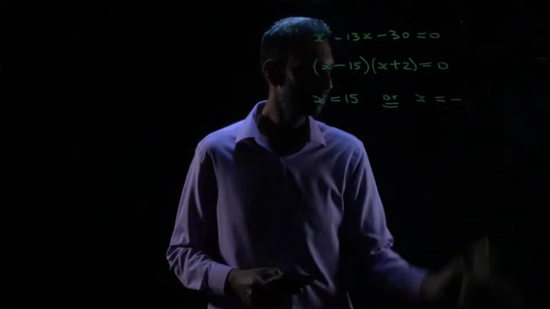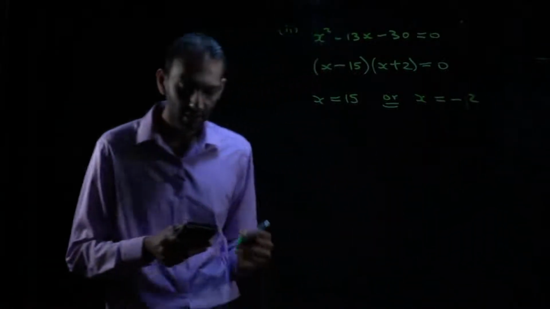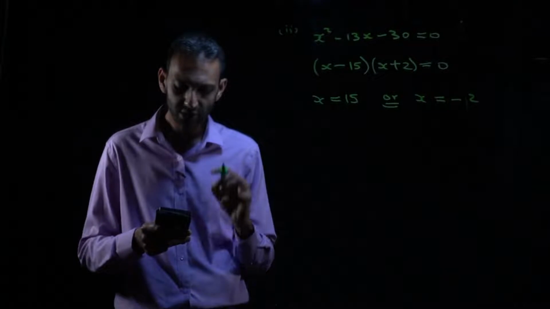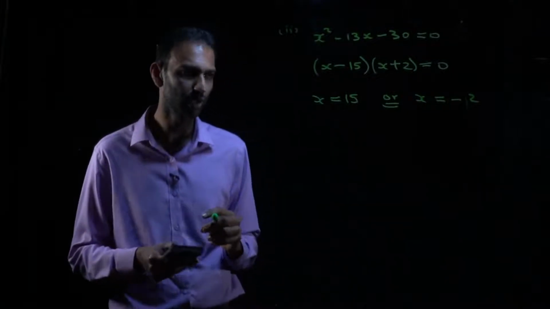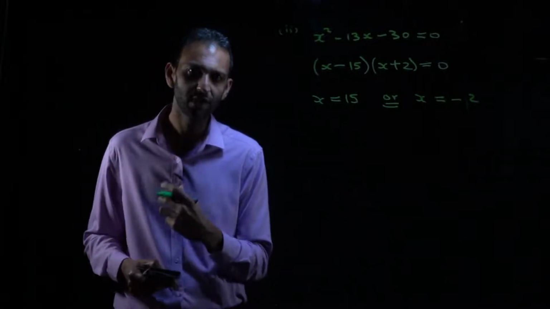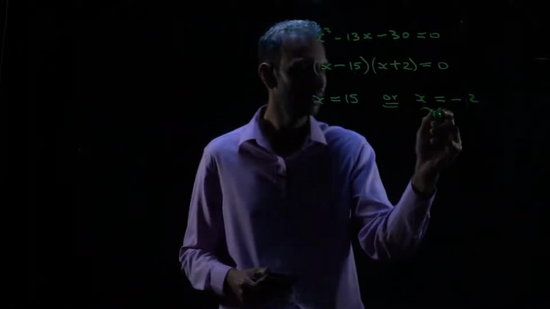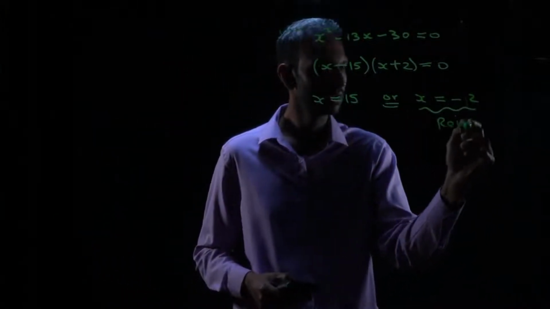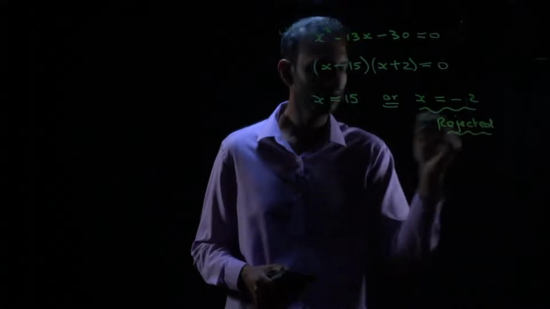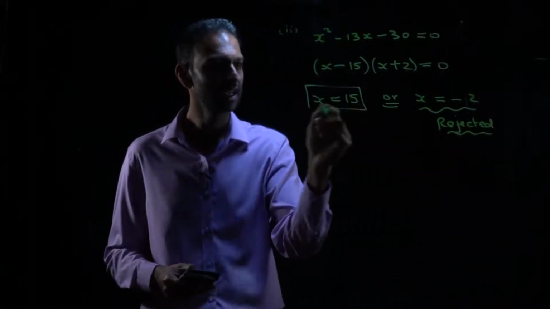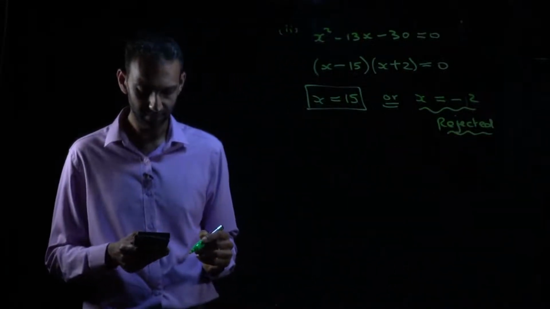If you go back to the problem, you will see that the first equation was lg x plus 2 lg y is equal to 1. So log is not defined for a negative value. So minus 2 is rejected because lg x is not defined. So the answer is x is equal to 15.